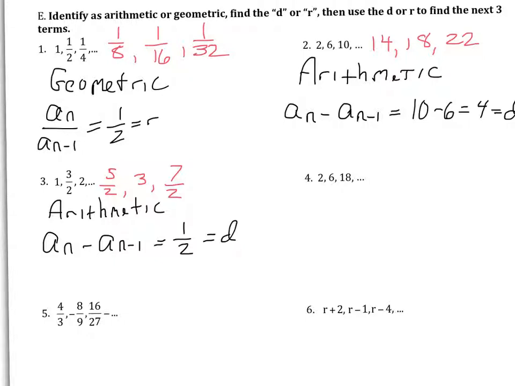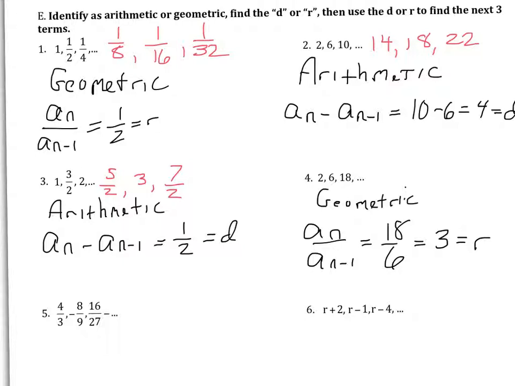Number 4, from 2 to 6, it goes up 4. From 6 to 18, it goes up more than 4. So this is definitely not arithmetic, but 6 divided by 2 is 3, and 18 divided by 6 is 3. So this is definitely going to be geometric. So my a sub n over my a sub n minus 1, 18 over 6 is equal to 3.